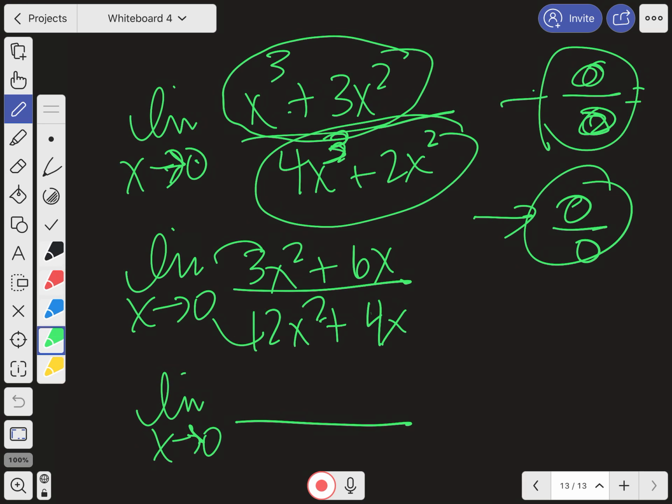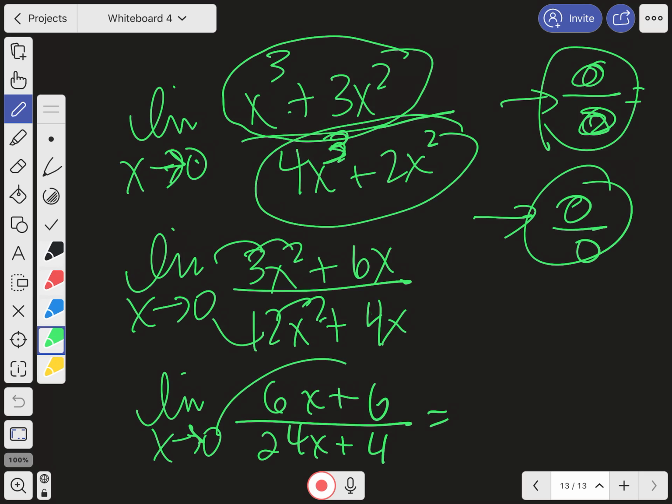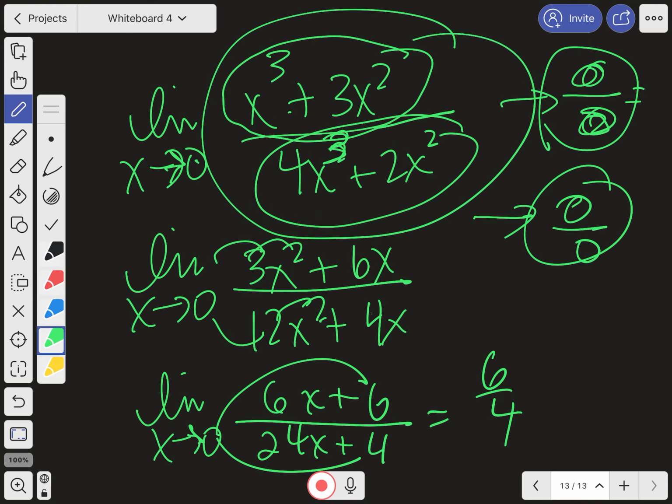You can just go until you do not get one of the indeterminate forms. So here I get 6x plus 6, and here I get 24x plus 4. Now when I fill in 0, I get 6 over 4. And so the limit of this function as x approaches 0 is 3/2.